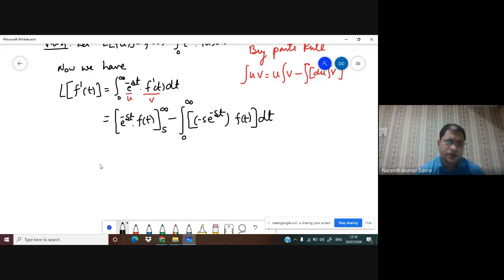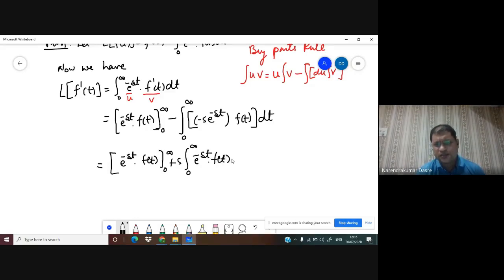So here we get e raised to minus st into f of t, with limits 0 to infinity, minus, since we are integrating with respect to t, s behaves as a constant, and hence minus minus gives plus s integral 0 to infinity e raised to minus st f of t dt.